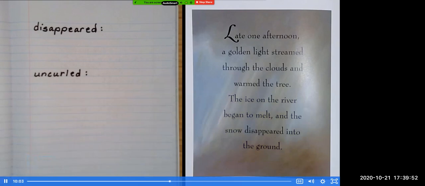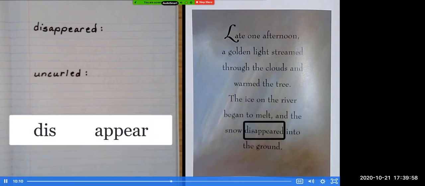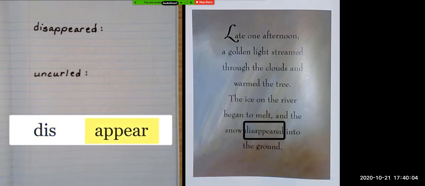The second part of outside in is to zoom in closely on the word and to look at the parts of the word. So today we'll look at the prefix and also the base word or the root word. Dis means opposite. Dis also means away.